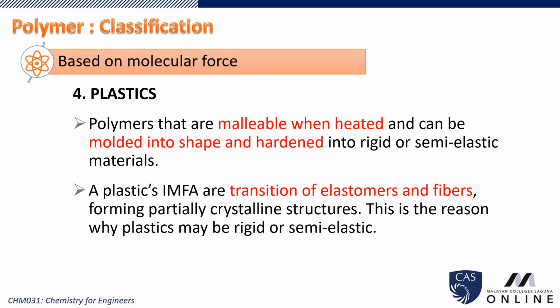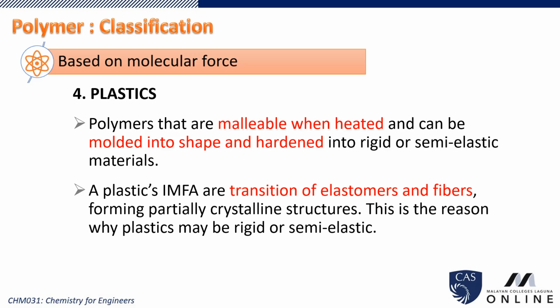Plastics are also polymers that are malleable when heated and can be molded into shape and hardened into rigid or semi-elastic materials. The plastic intermolecular forces of attraction are a transition between elastomers and fibers, forming partially crystalline structures.